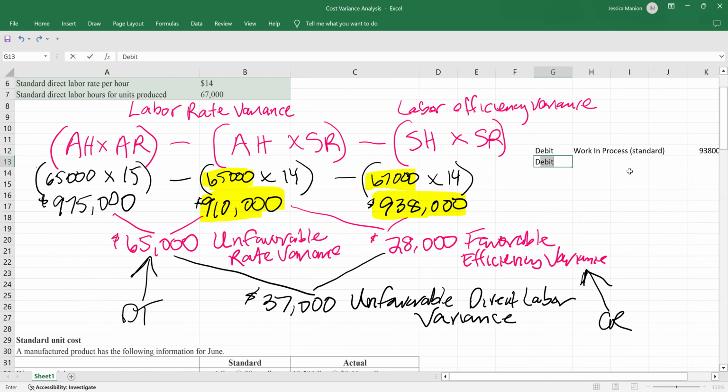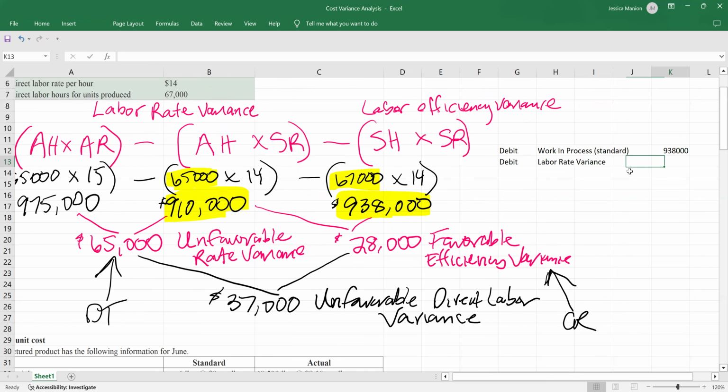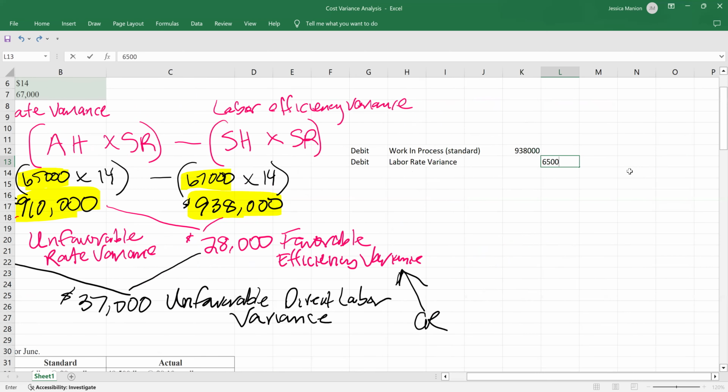So we're going to debit labor rate variance 65,000. We're going to credit labor efficiency variance 28,000.